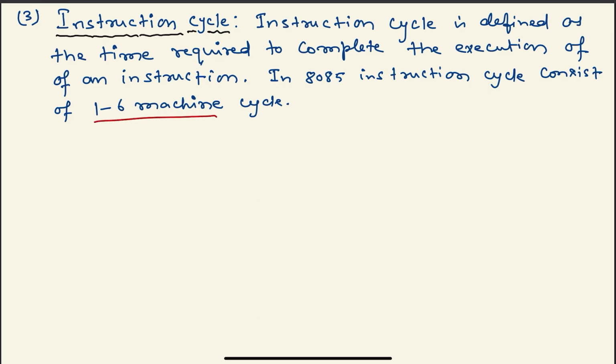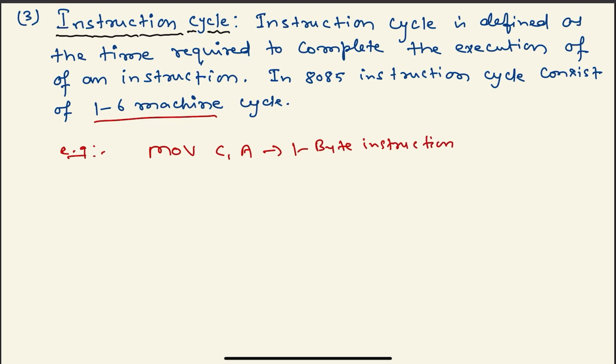For example, let's say we have an instruction called MOV C, A. The operation performed by this instruction is to copy the content of the A register, that is the accumulator register, into the C register. This is a 1 byte instruction, and that byte is the opcode only.